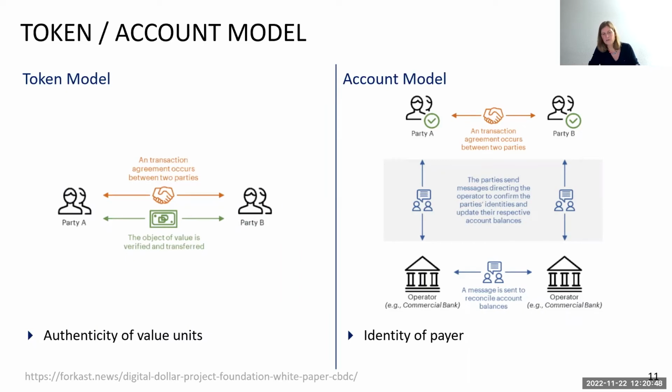And the identity of the payer, on the other hand, is totally irrelevant for the verification. In an account-based system, on the other hand, the verification of the payment is done with the verification of the payer's identity. So a central entity checks the identity of the payer.